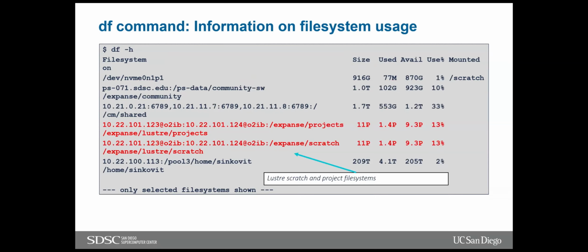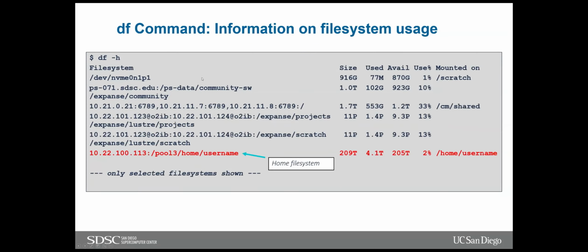And while it's listed that we have two, Lustre Scratch and Project file systems, they do have different retention policies, but you can see by the size, used, available, and used percentage that they are evaluated as one file system. The other important file system is your home file system that will also be mounted.